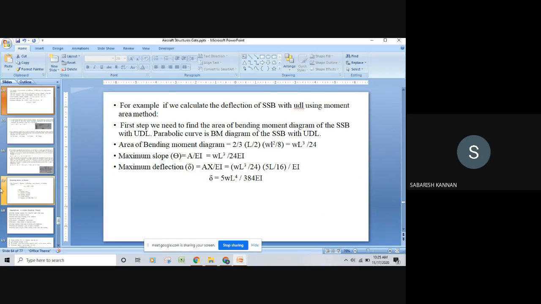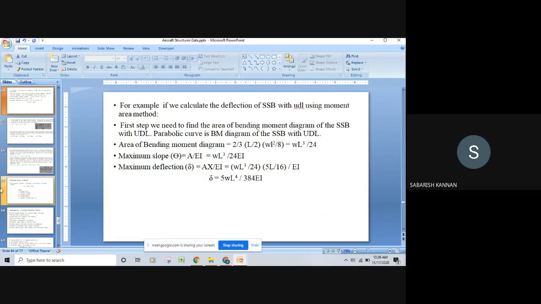For that parabolic curve, the area is 2 by 3 BH. In the bending moment diagram, B is L by 2 and H is WL square divided by 8. So we conclude the area of the bending moment diagram of a simply supported beam with UDL is WL cube divided by 24.